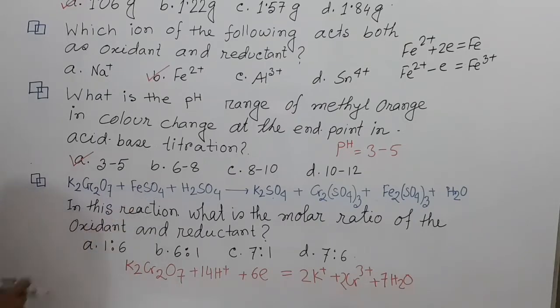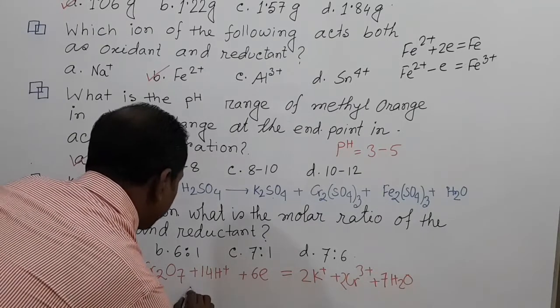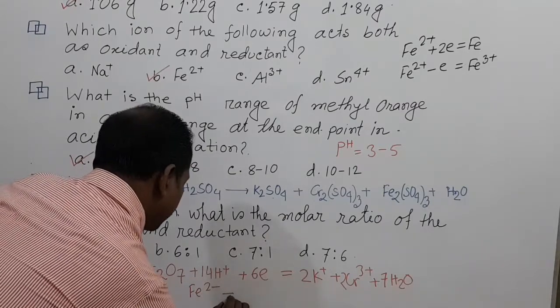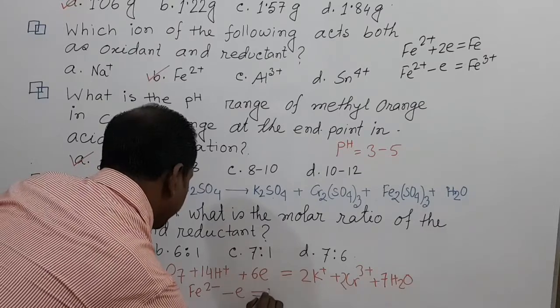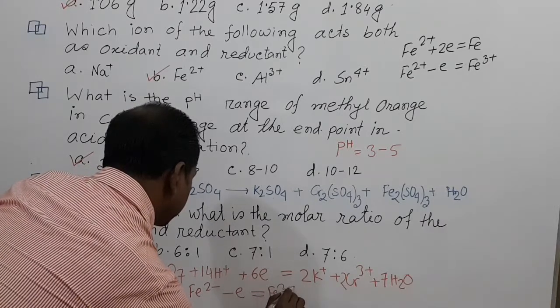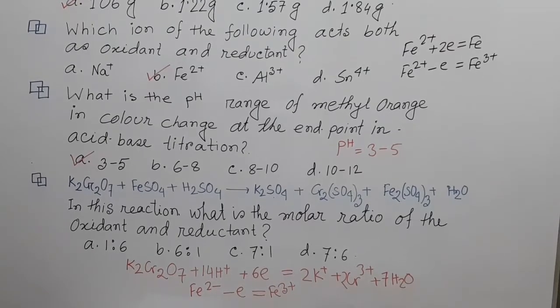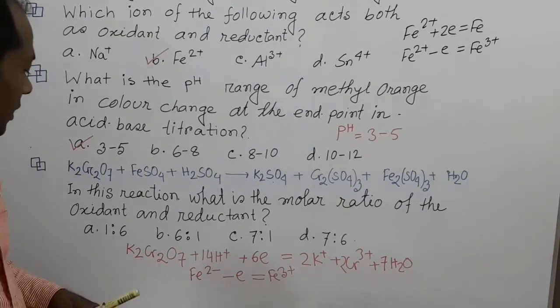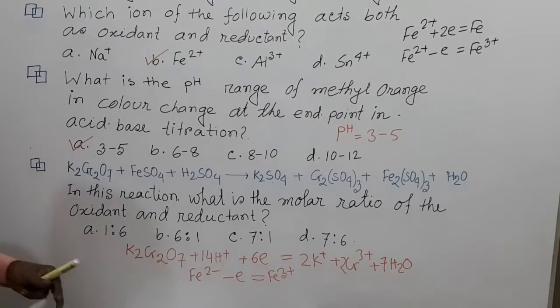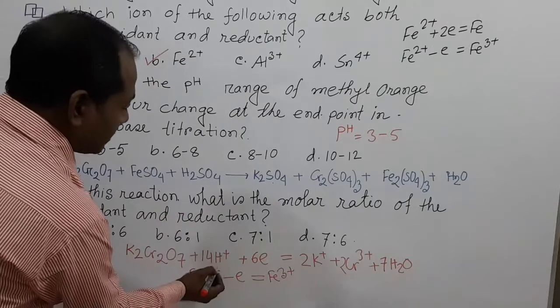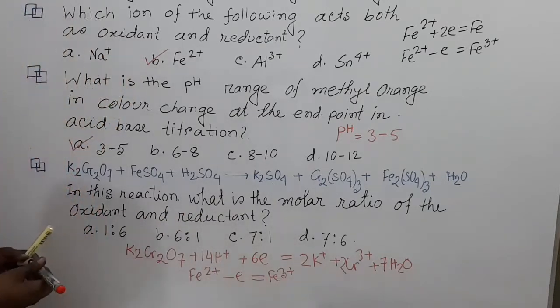And for ferrous sulfate, we say that Fe2+ donates 1 electron and it produces Fe3+. So, my dear students, in this reaction, potassium dichromate accepts 6 electrons and the ferrous ion donates 1 electron.